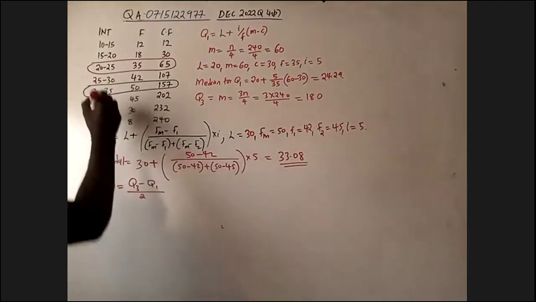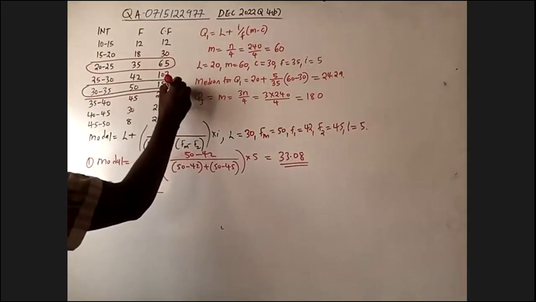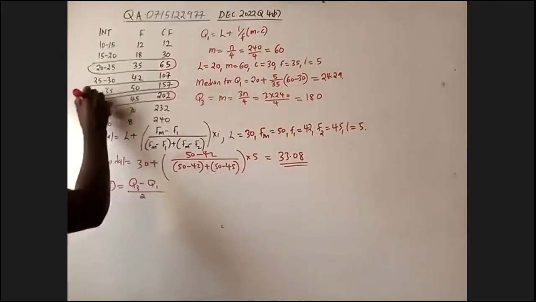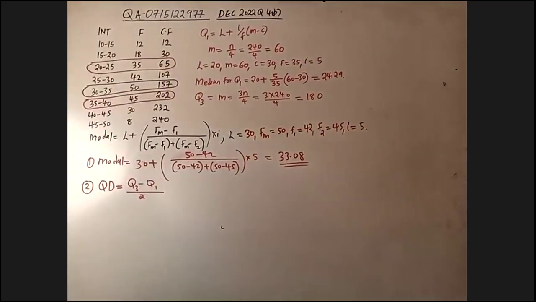So where does it lie? Cumulative frequency 157. It lies between 35 to 40. Yes, that's true.